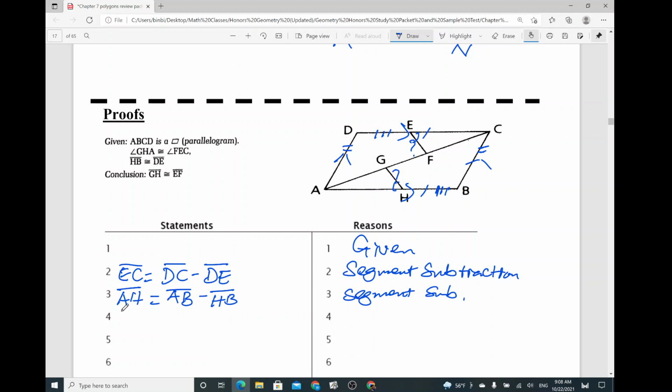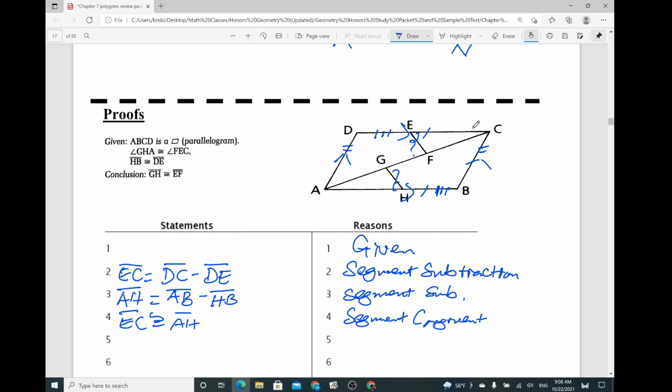And then after that, you can say that segment EC is congruent to segment AH, by segment congruence, because those two segments are exactly the same. Once you subtract, you end up with the exact same quantity.